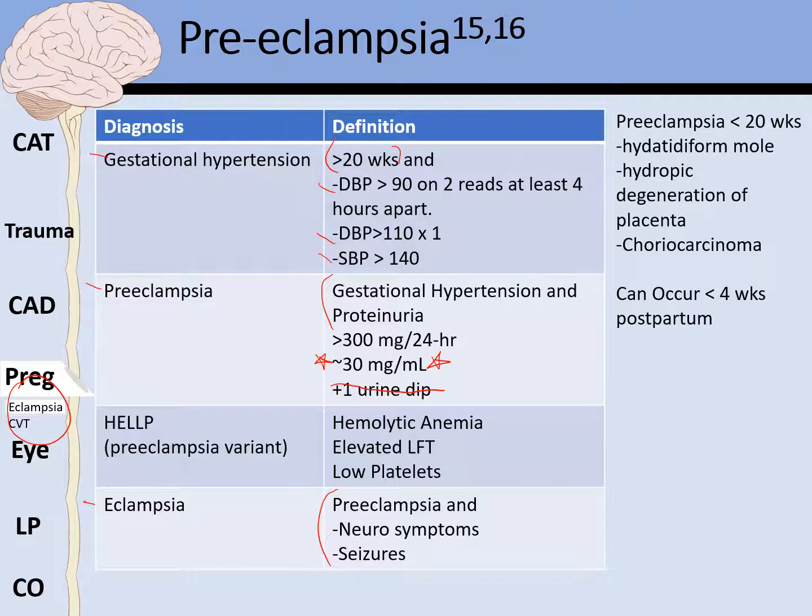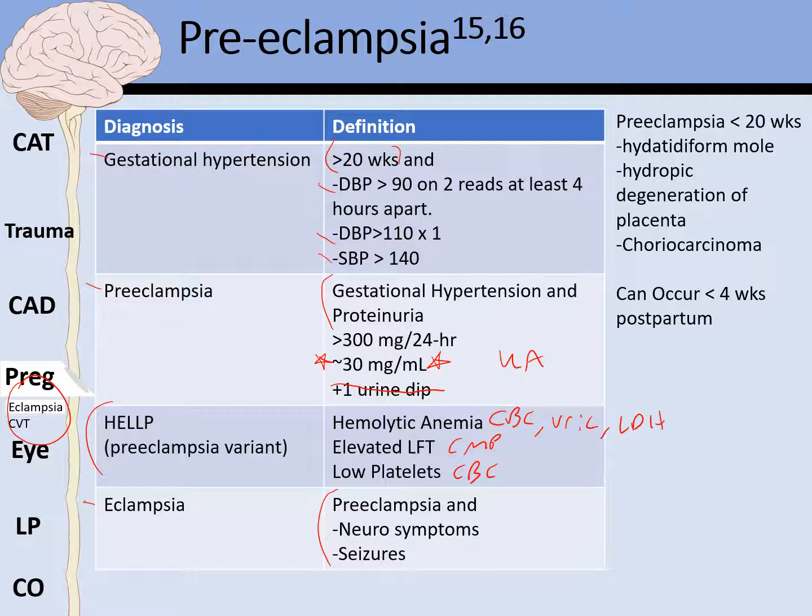Furthermore, this is a diagnosis that you want to catch before it progresses to eclampsia. A variant of preeclampsia, and can possibly be thought of as a stage between preeclampsia and eclampsia, is HELLP syndrome, which is hemolytic anemia, elevated LFTs, and low platelets, which is why CBC, CMP, uric acid, LDH, and UA can help risk stratify a patient with some concerns for preeclampsia.